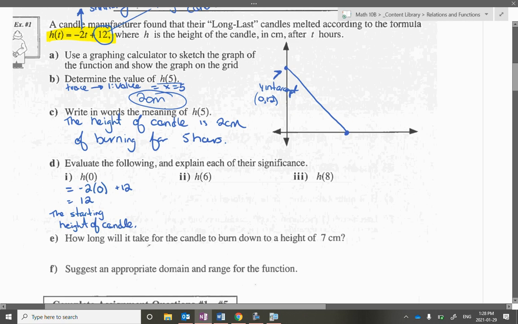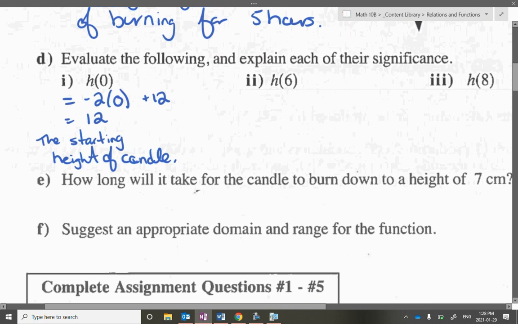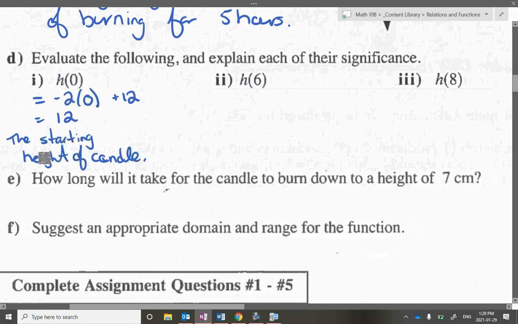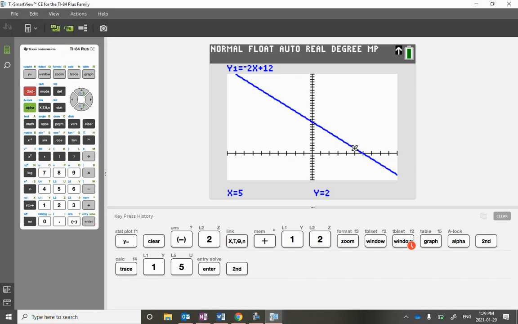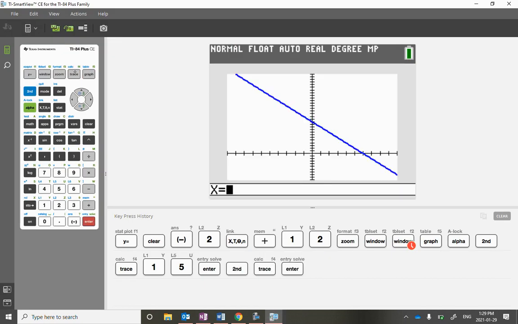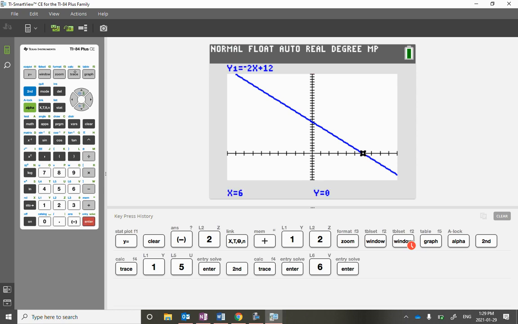H at 6. I want you to try that one on your own. So on your calculator, second trace to value, we're plugging in 6, and we get 0.